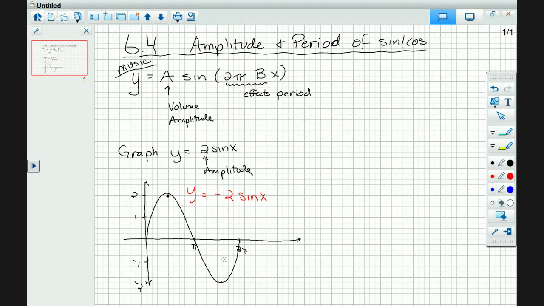What if I throw a negative in front of it? Remember parent functions, what does that do? Reflects it? Upside down is probably right, but mathematically, how would we describe it? About the x-axis. So it's going to take everything and just turn it up on end.